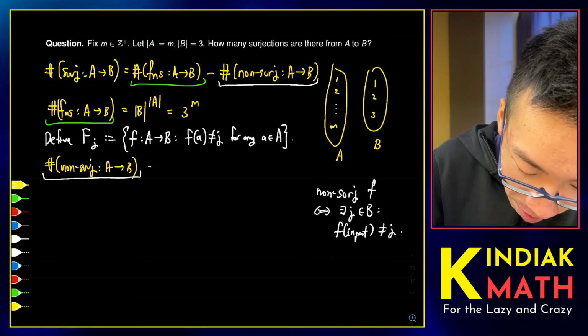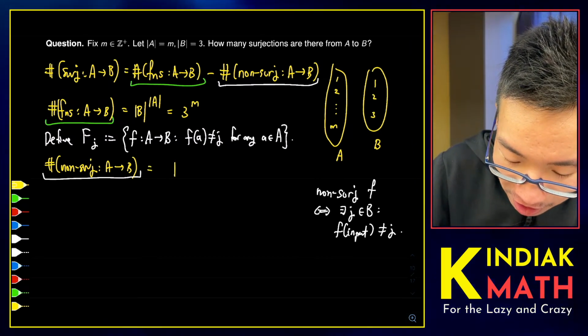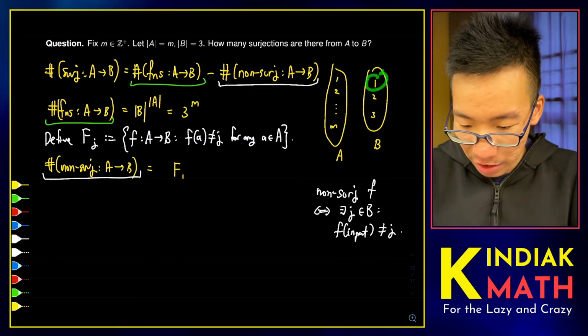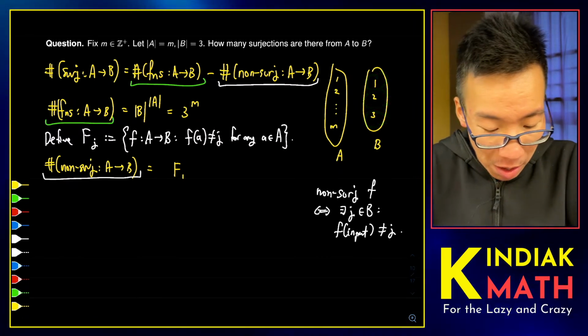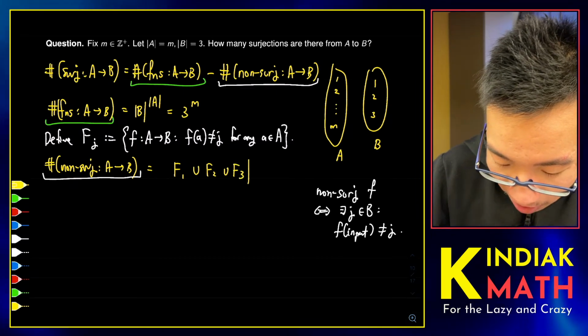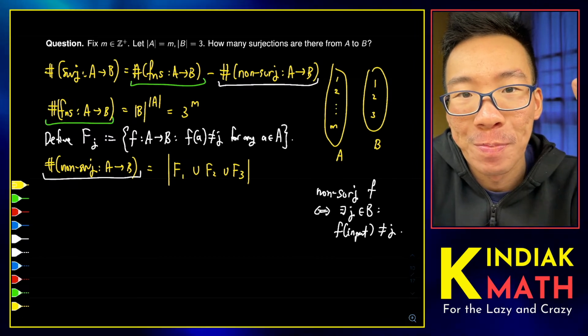then the number of non-surjections is the number of functions that either does not hit the number 1, or it does not hit the number 2, or it does not hit the number 3. Could be either one. And now we are trying to find the number of items in the triple union.